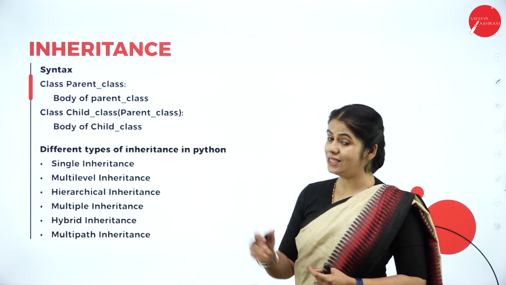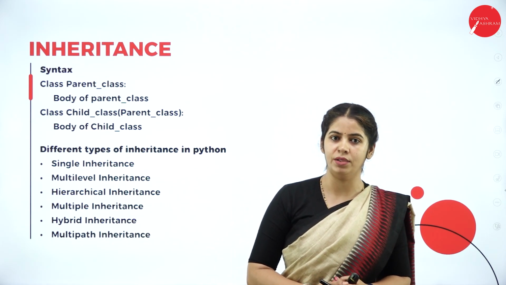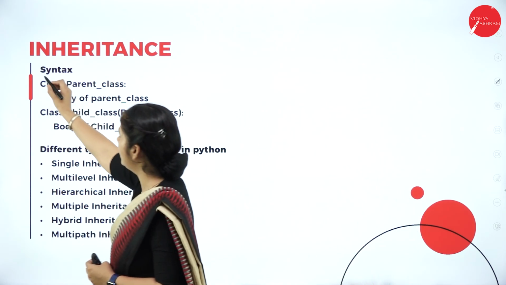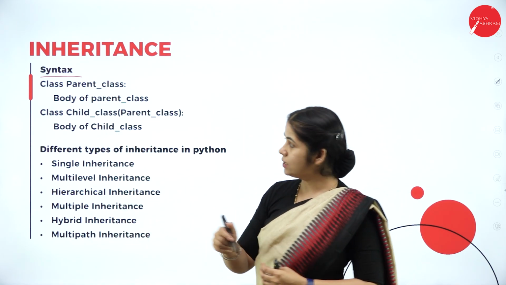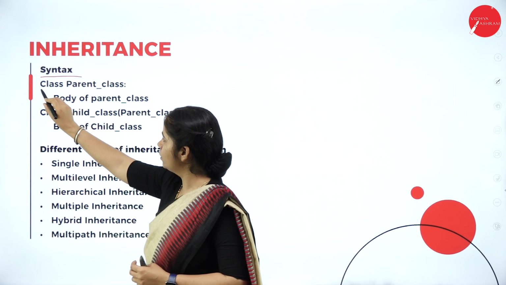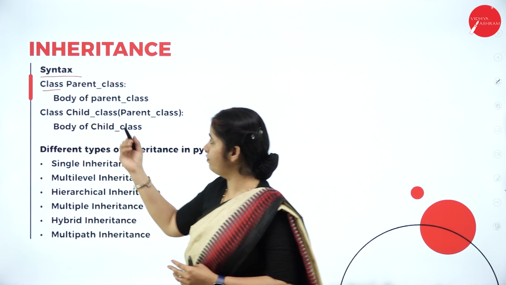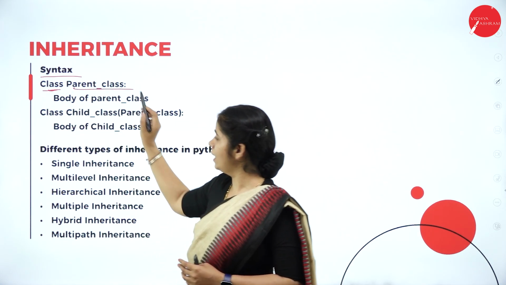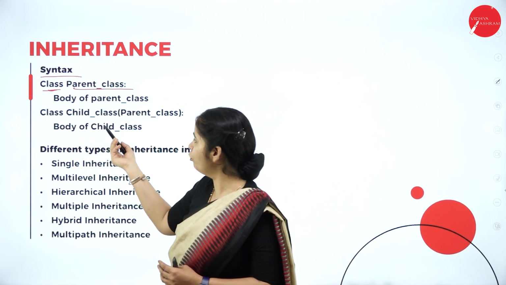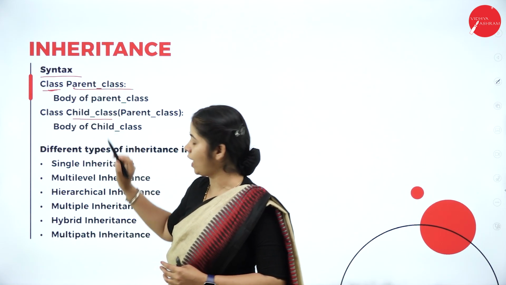Let us see the syntax, how we implement this concept in the Python programming language. What is the syntax for inheritance? First, we should have one parent class, right? So this is a class. You know the syntax for defining the class, the class keyword with the name of the class. So we have to create two classes. One is a parent class and one is a child class.